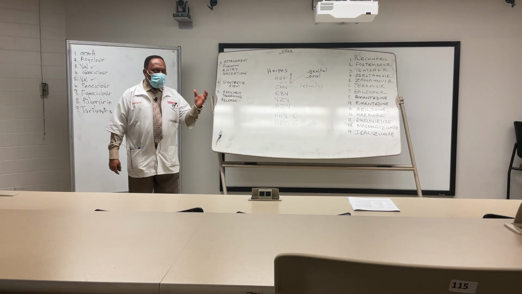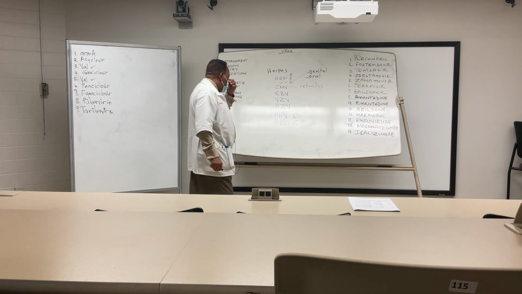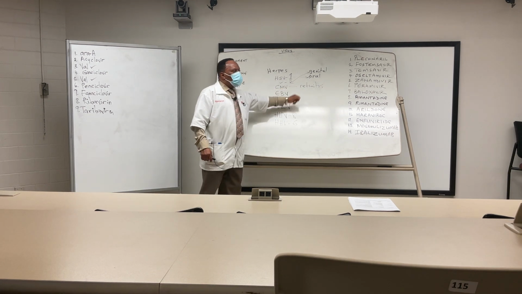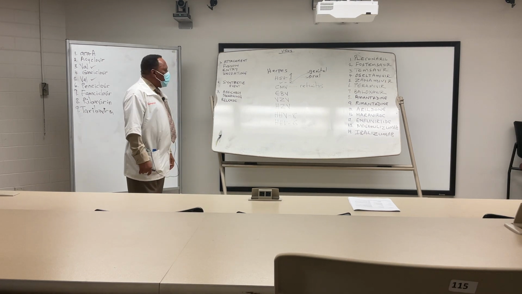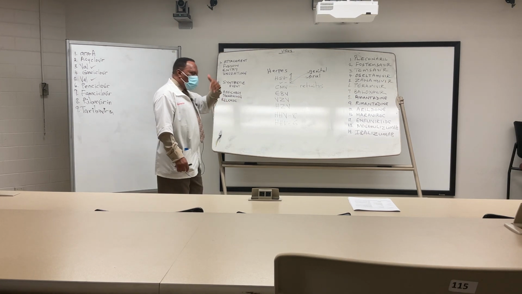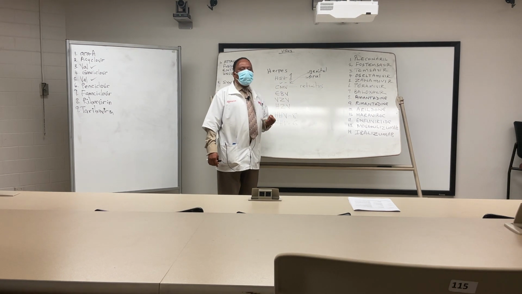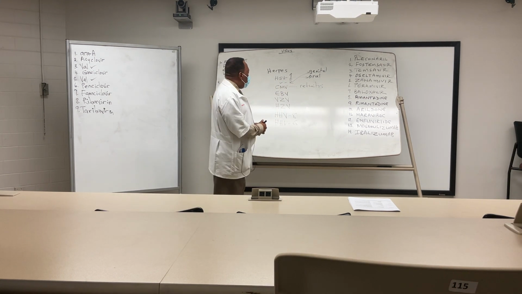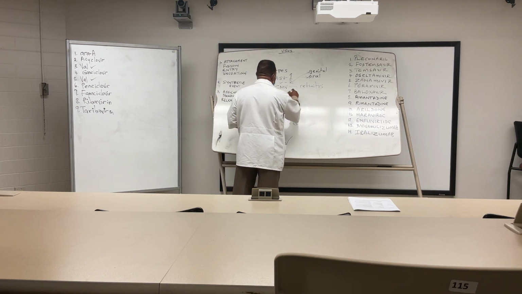Okay? The number one cause of blindness in AIDS patients is CMV. That causes the retinitis. But of course, it causes other conditions. It can even cause infectious mononucleosis, just to mention another one there.